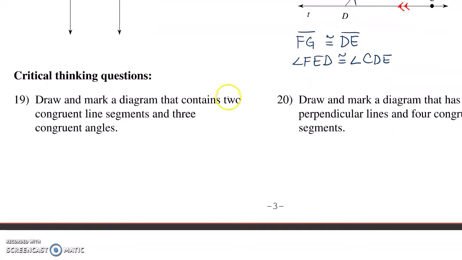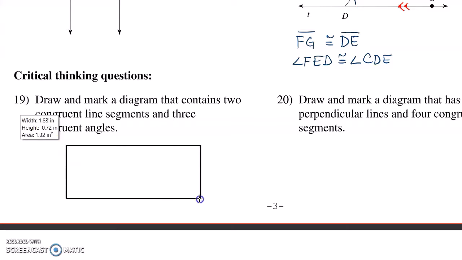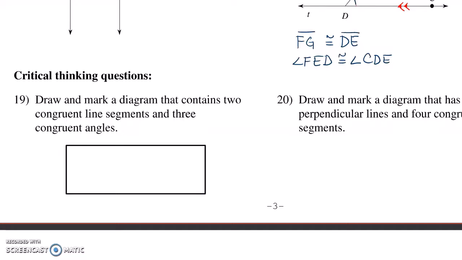So draw and mark a diagram that contains 2 congruent line segments and 3 congruent angles. So I'm going to ask you to pause the video now and try to do that. So the first thing that came to my mind was a rectangle.